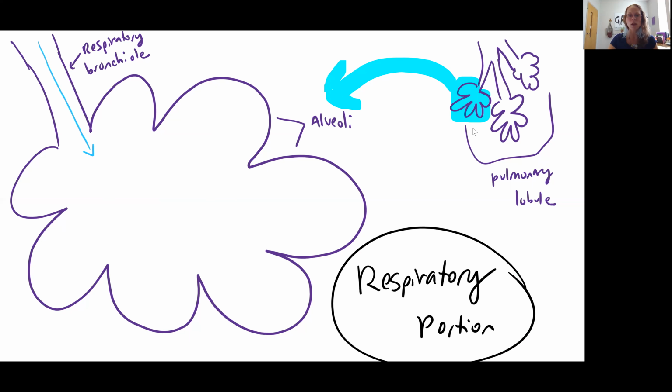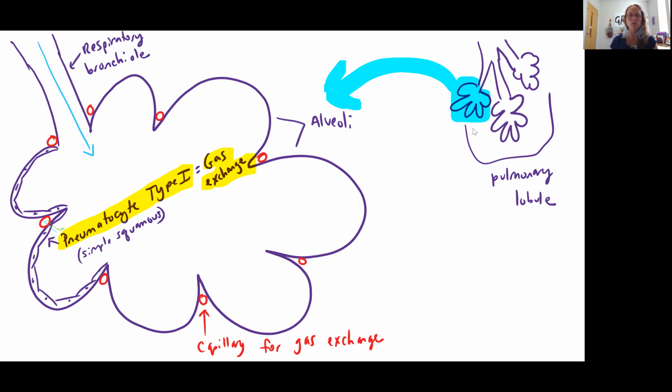Now, those alveoli are lined with simple squamous epithelium. Those cells are specifically named pneumatocyte type 1 cells. Pneumato refers to the lungs, and cyte is of course cell, so this is the lung cell type 1. These are the cells that are directly involved in gas exchange.